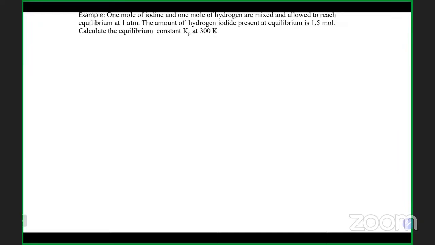this one involves something called ICE: initial concentration, change in concentration, and equilibrium concentration. This can also be found in your note.